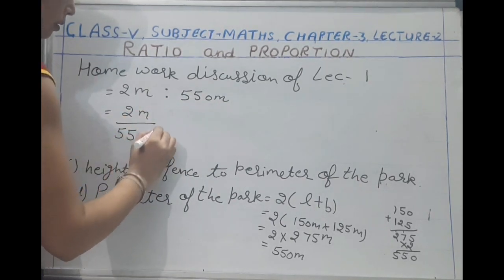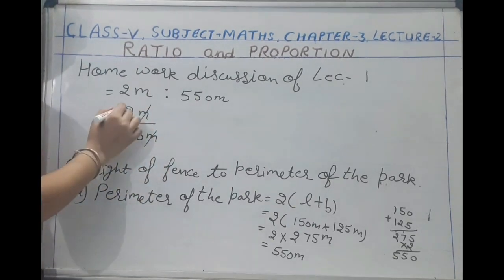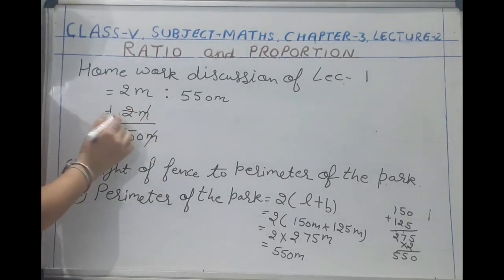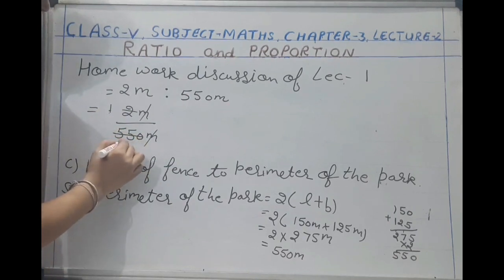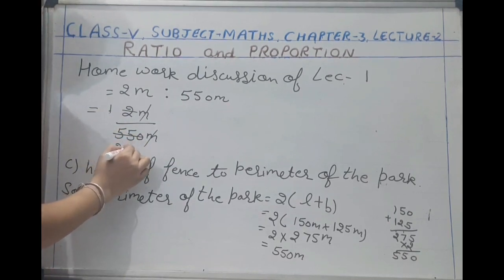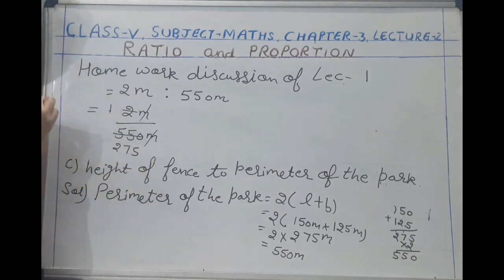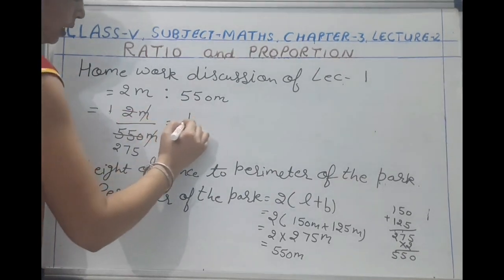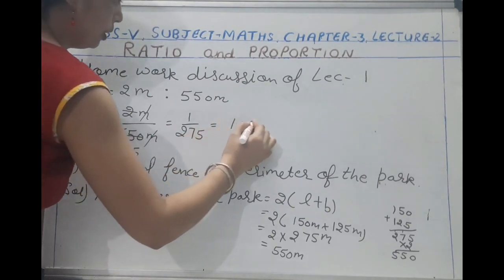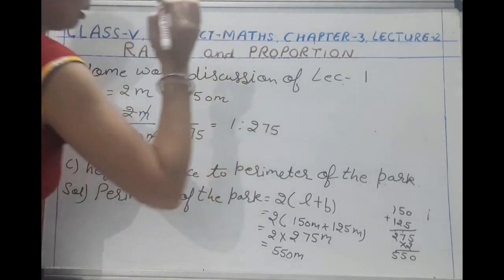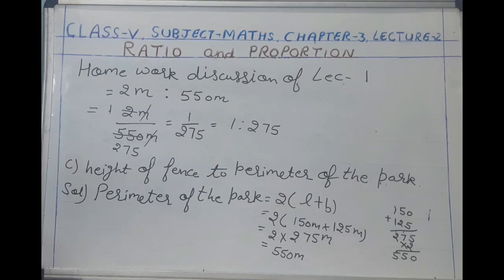Meter cancel. 2 ones are 2. 2 twos are 4. 2 sevens are 14. 2 fives are 10. It will be 1 upon 275. 1 ratio 275. Right? Have you checked your answers?